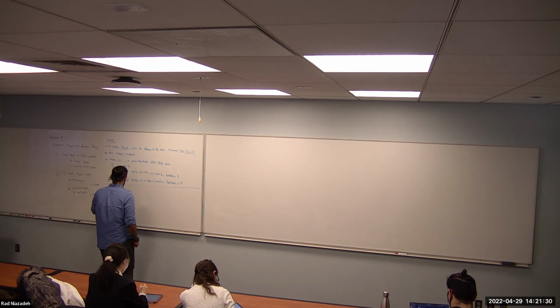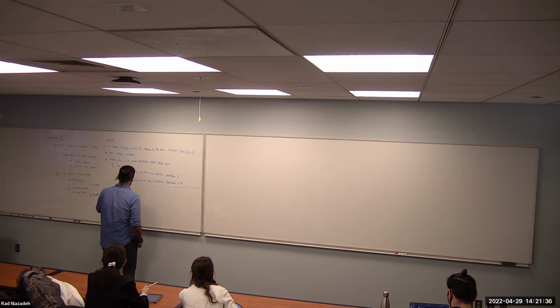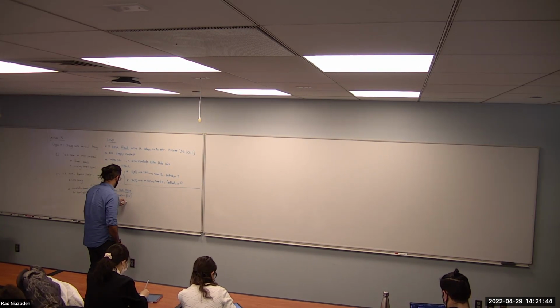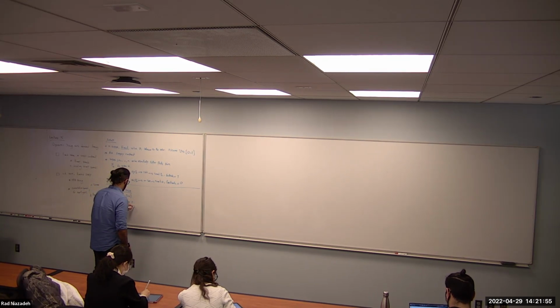So we're going to maintain this interval L and H, initialize that to be 0, 1. At each time t, post the price pt, which is equal to (L plus H) divided by 2.